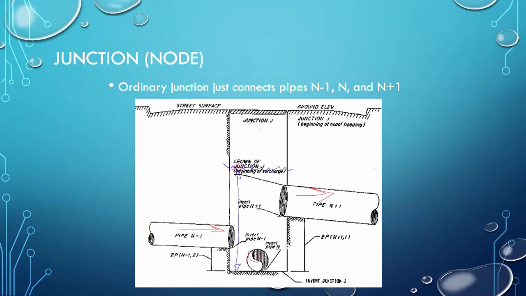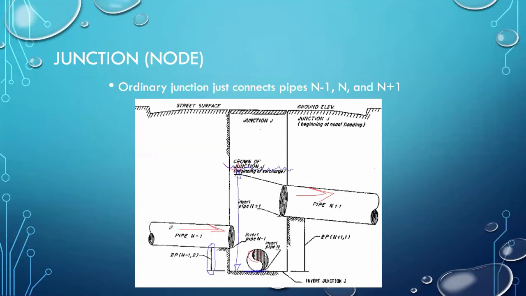Some other features of this drawing that we will keep track of mentally is the bottom elevation is called the invert elevation. Pipe n minus 1 is a certain offset off that bottom. That's called an invert offset.